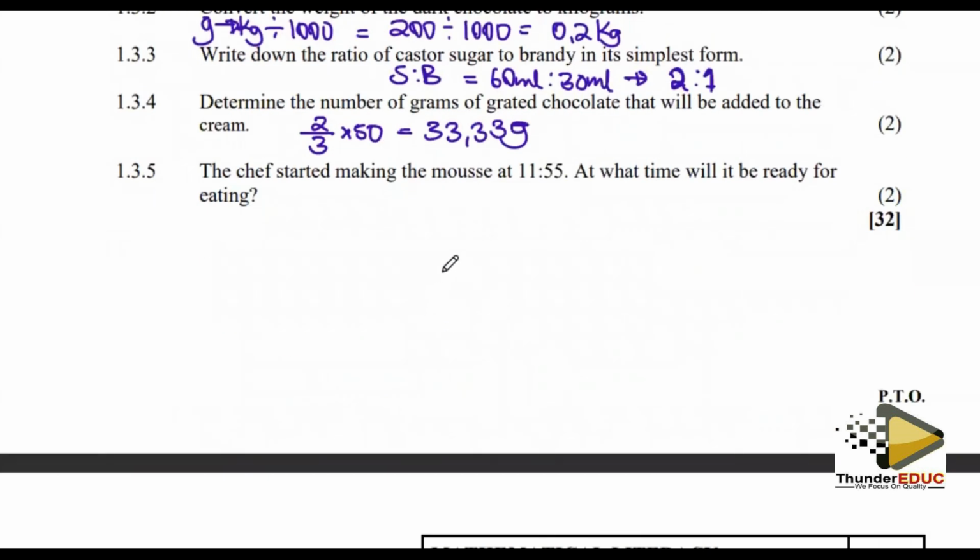The chef started making the mousse at 11:55. At what time will it be ready for eating?